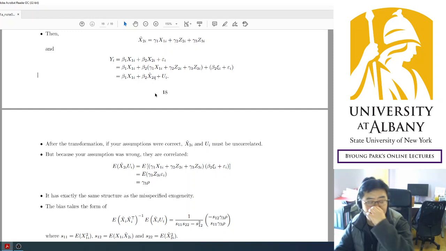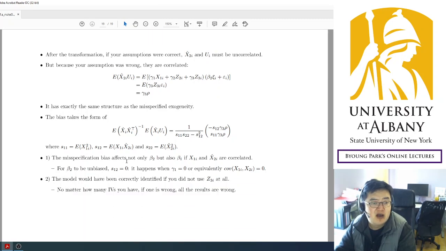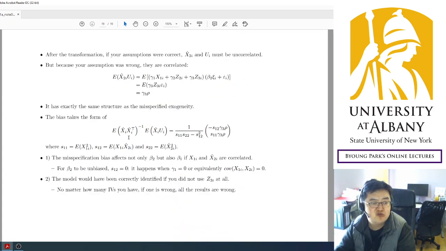Now, if you want to derive the misspecification bias, I will take this form. Now it is a 2 by 2 matrix, so the 2 regressors case. So you can handle the two-variable inverse, and so on. Then do the same thing as we did before. And here, rho was replaced by gamma 3 rho. Gamma 3 rho is given by this.